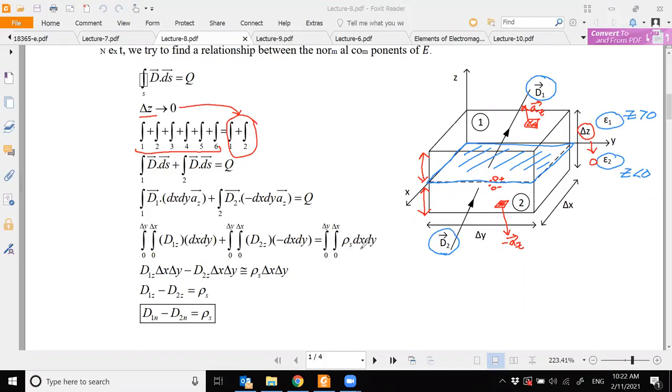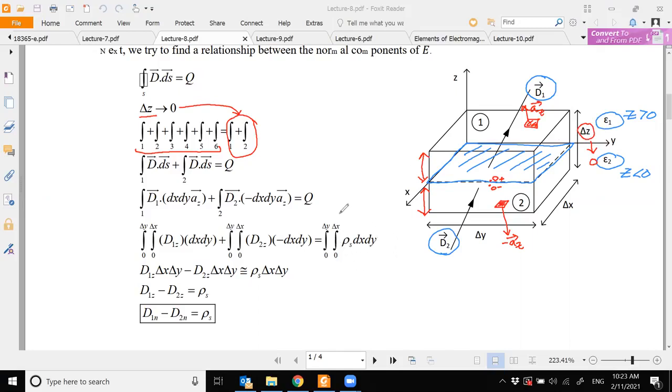And I'm using this rho s here, guys. I'm not using rho v, because as delta z tends to 0, these are now almost surface charges, since the volume concept is gone because delta z becomes 0. So that's why I'm using rho s.